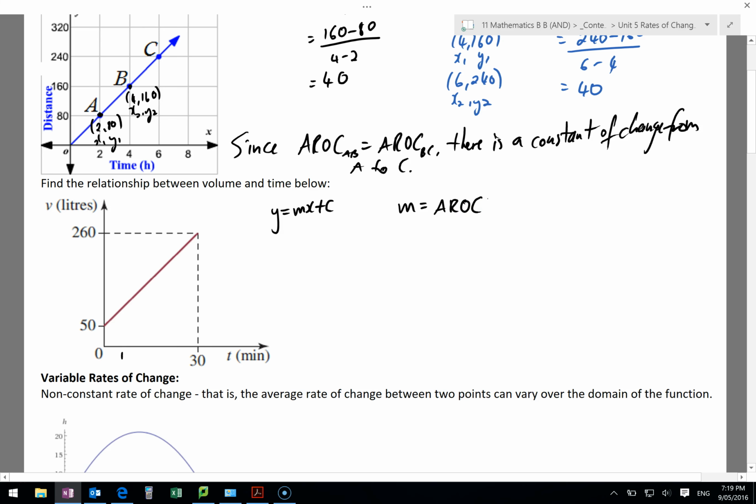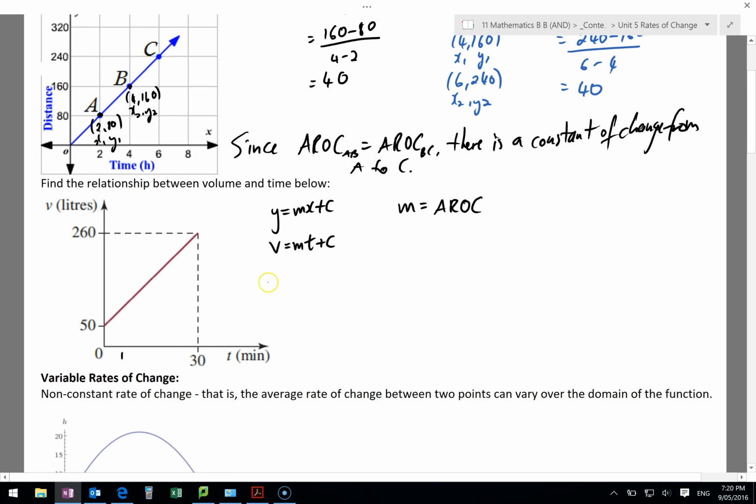Hopefully you realize some similarities between the average rate of change formula and the gradient formula. Remember, it's exactly the same thing. Since we've got v and t, instead of using y equals mx plus c, we're going to use v equals mt plus c. This is my y and this is my x, but we need to get away from leaning on those letters so much.